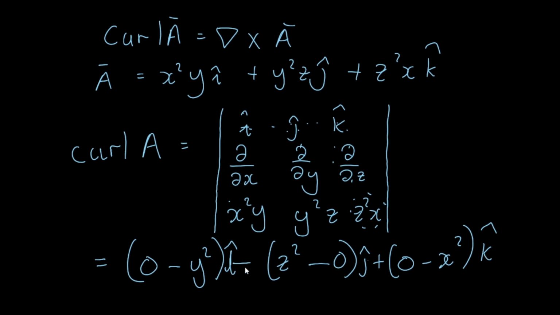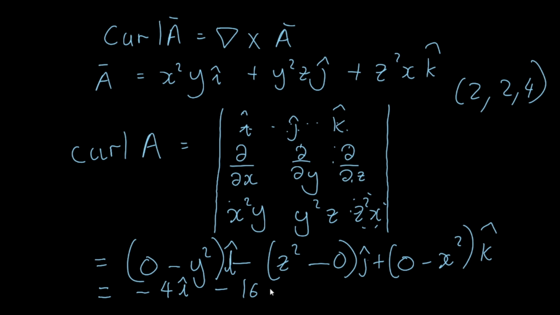So if we want to compute the curl at a specific point, so let's just say we want to compute it at the point 2, 2, 4. X is 2, y is 2, and z is 4. Then all we'll do is just substitute inside this vector that we've just created. So y squared is 2 squared, and that's 4. So we're left with minus 4i hat. Z squared is just 4 squared, which is 16.